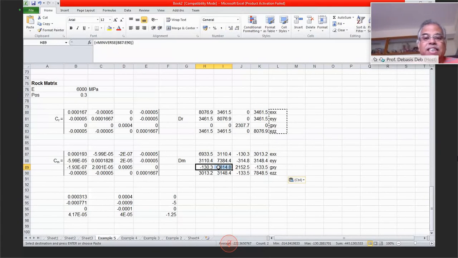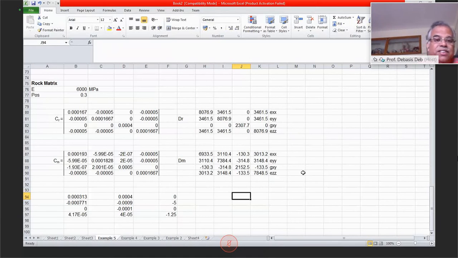The displacement will increase because the compliance has increased, or the constitutive matrix has decreased values. So for the same given stress, which one will give you more displacement or more strain? This will give you more strain, right? Because that is what I am going to show you now, that the strain will be higher for this condition.